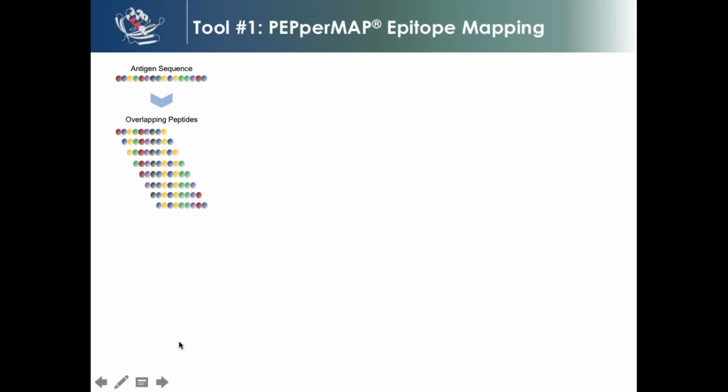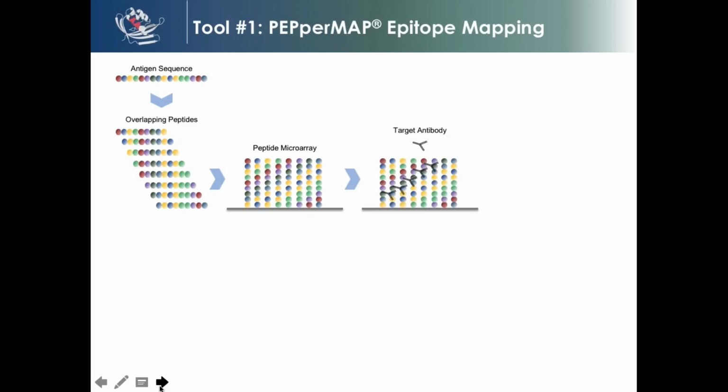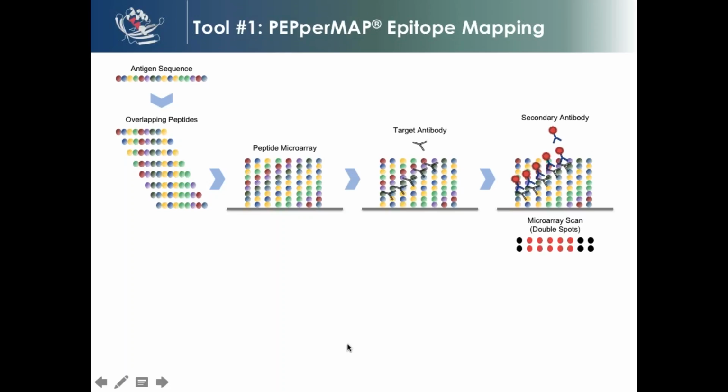We normally do 15 amino acid peptides with a maximum overlap, so it's a 14 amino acid overlap. As mentioned, we directly print those peptides onto a glass slide. Then we add a target antibody that is specific for the epitope, and then a secondary antibody with a fluorochrome. Then you can put the array into a scanner.